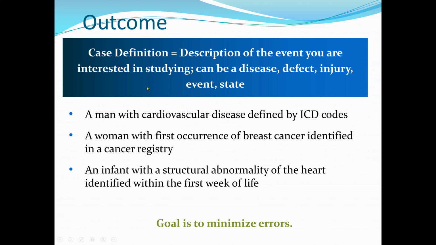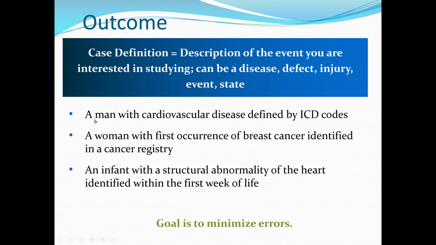Let's say we want to know if the exposure, smoking cigarettes, causes lung cancer. In this case, smoking cigarettes will be our exposure, and the outcome will be lung cancer. So that will be our case definition.